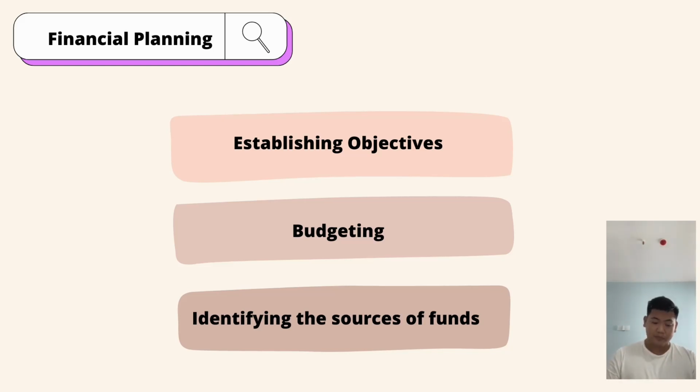So budgeting, for example, as a student, our allowance is budgeted. So for one day 300 or for one day 200 is our budget. We should have a specified budget, also for our businessman.